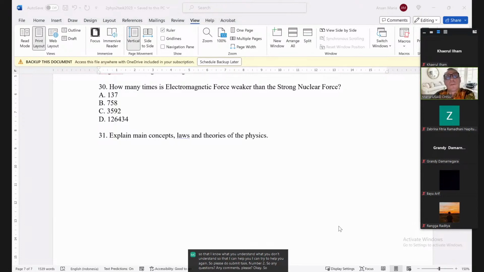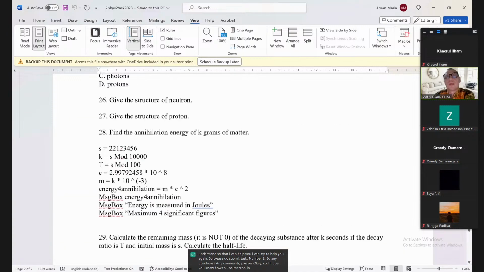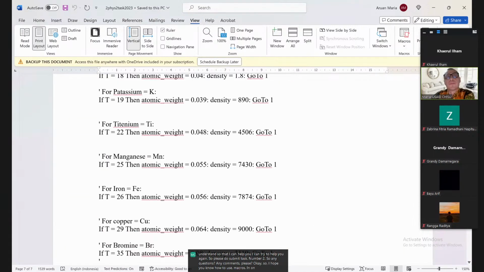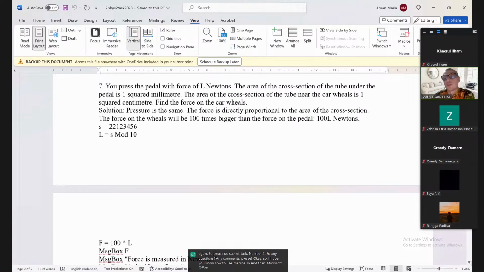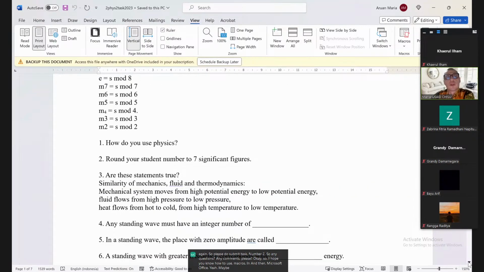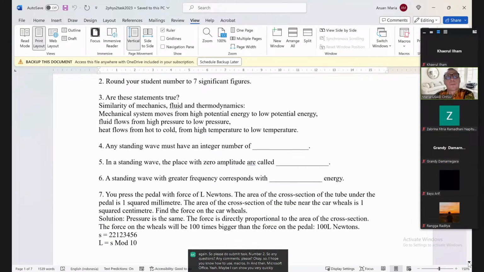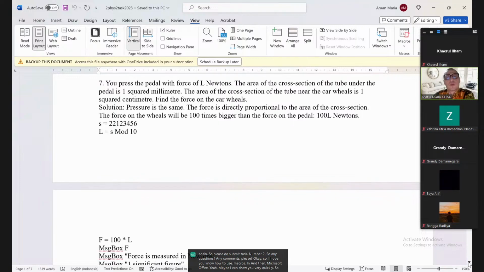Okay, so I hope you know how to use macros in Microsoft Office. Maybe I can show you very quickly. For this question number 7, I will copy and paste the code into the macro.